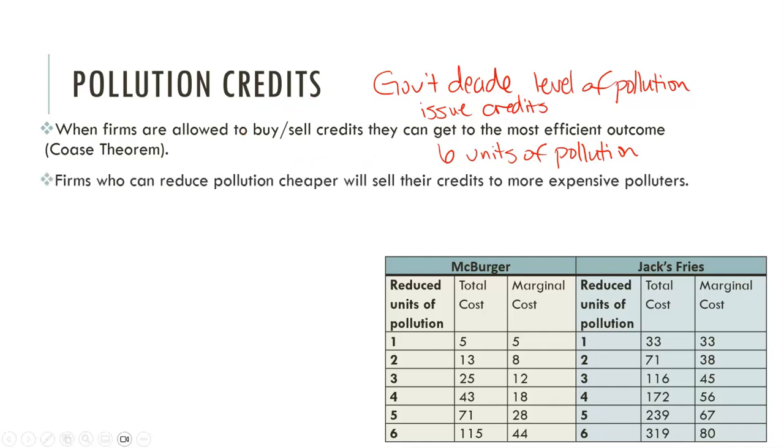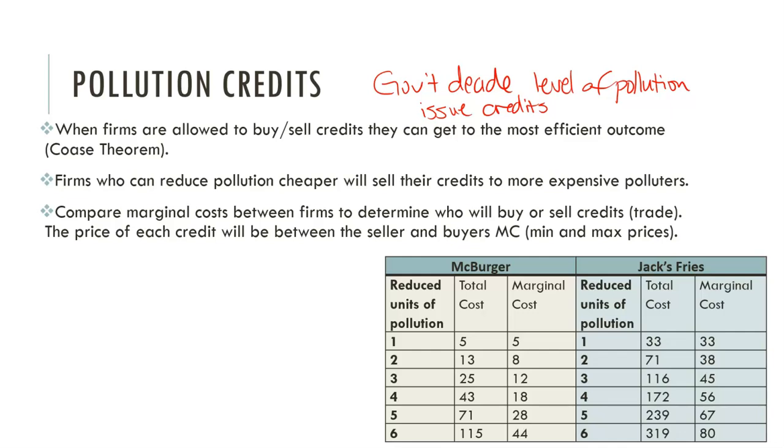So firms who reduce pollution cheaper are going to sell their credits to the more expensive polluters. And this way, we're going to get the same level of pollution reduction, but at a more efficient rate. So we're going to start by comparing marginal costs between firms to decide who is going to buy or sell. Then we're going to figure out what the minimum and maximum prices are going to be and decide if they're going to sell and how many.